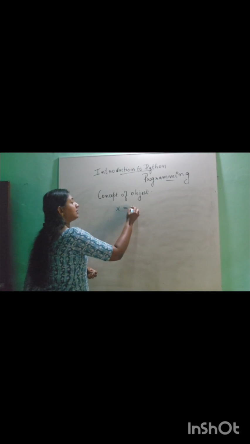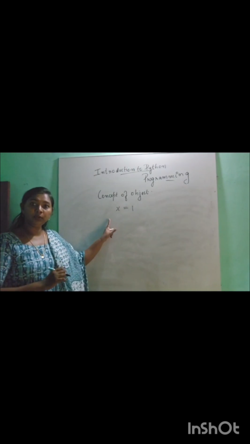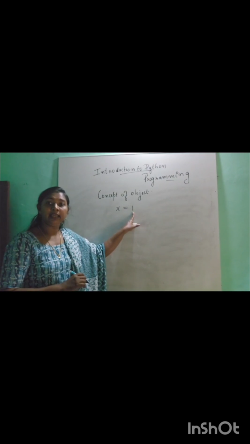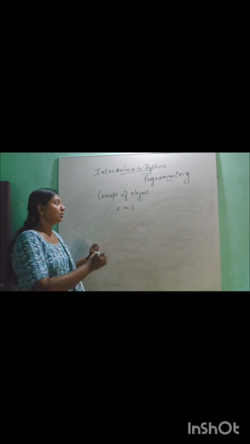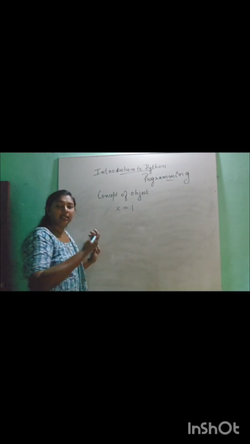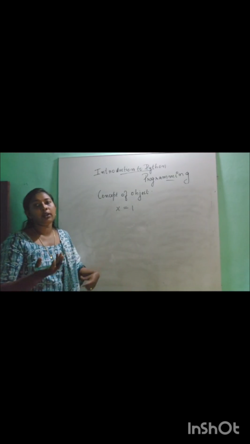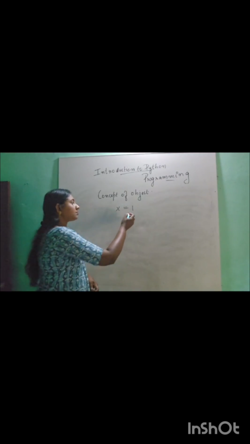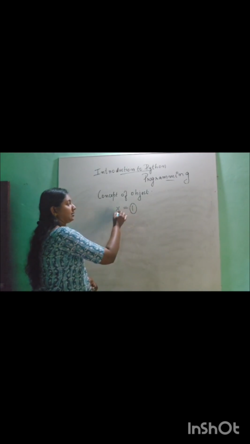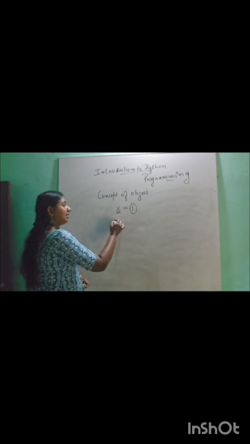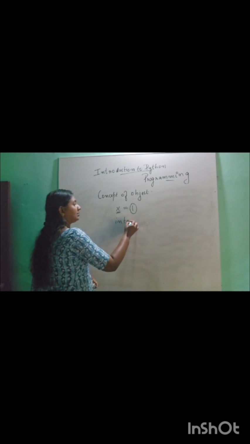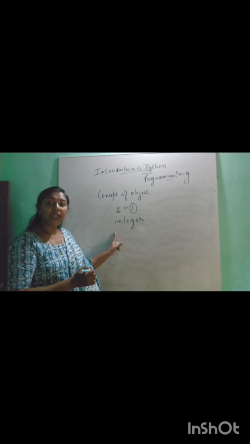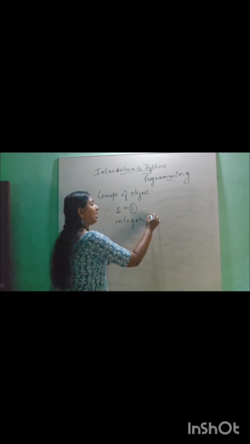That is, x = 1. Here you know that x is a variable and 1 is an integer literal, or numeric literal. We can call it either an integer literal or a numeric literal. So, 1 is assigned to x. Normally, x is an integer variable here, a variable of class int.